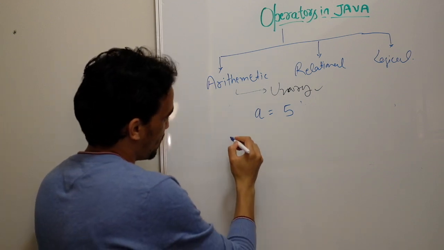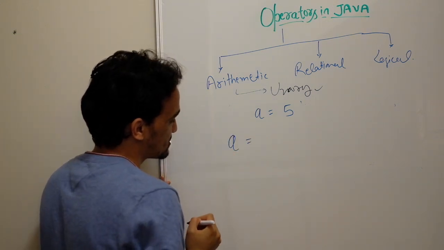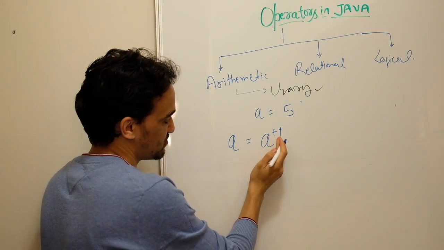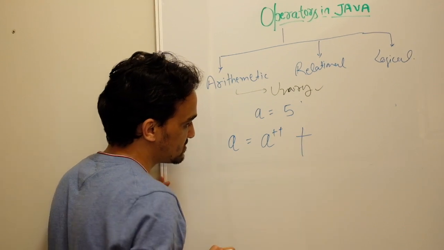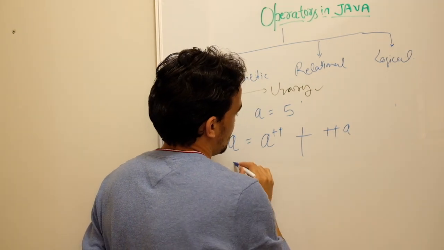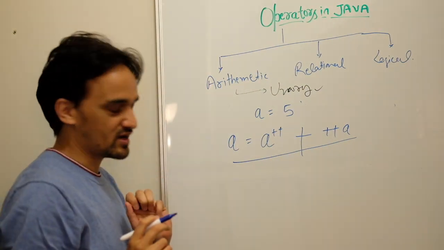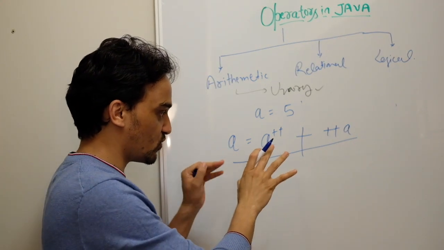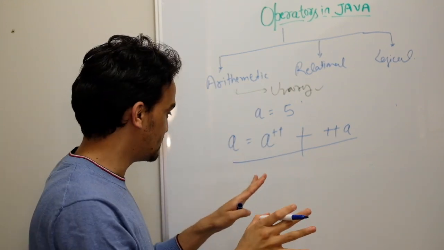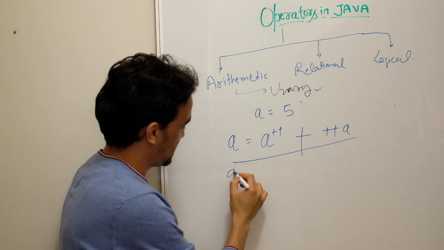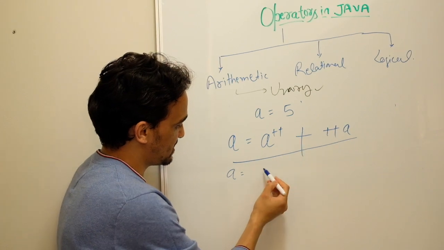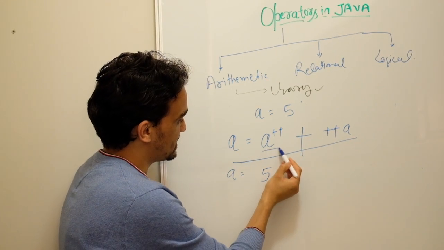Now let's solve: A equals A plus plus, which is postfix, plus, and again plus A. With A equals 5, we will be able to clear our doubt in this expression.